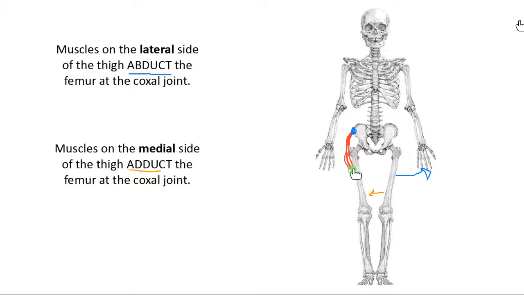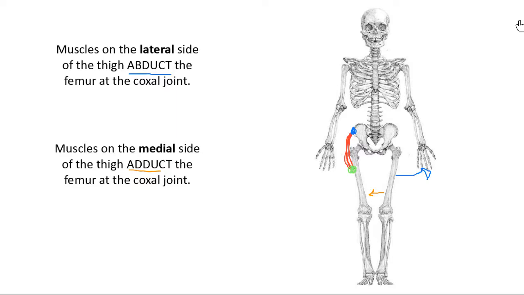I'm going to pull this distal location up toward this proximal location. Pulling these together is going to make this whole femur go out. It's going to go toward the outside. When I take this bone marking and I pull it out, that leads me to do the process of abduction when I pull it away.